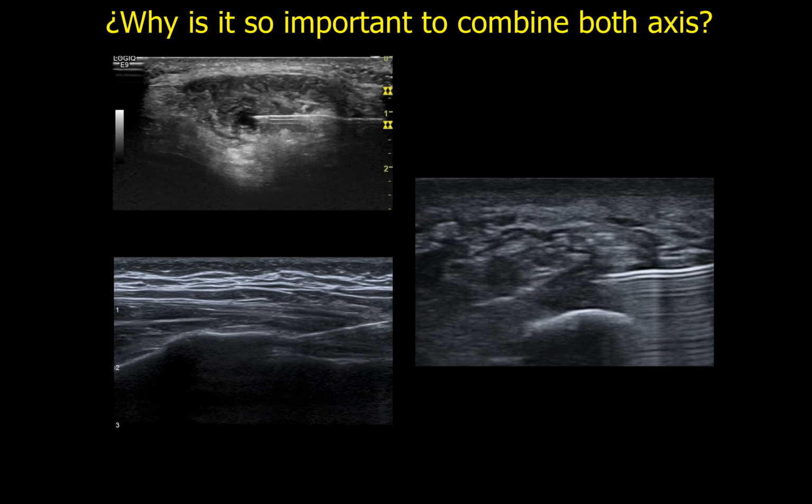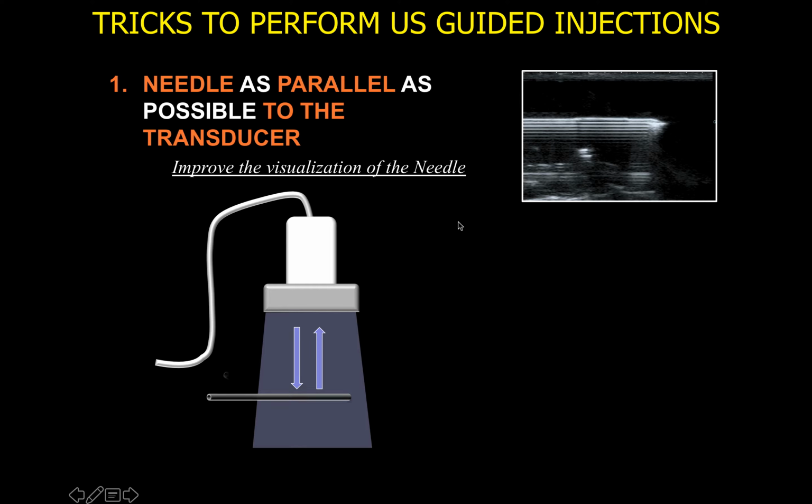because if we go very parallel with the needle to the transducer, all the sound will reflect directly to the transducer, and we will see the needle perfectly. It doesn't matter if the needle is very thin or thicker, we will see the whole needle perfectly in place.